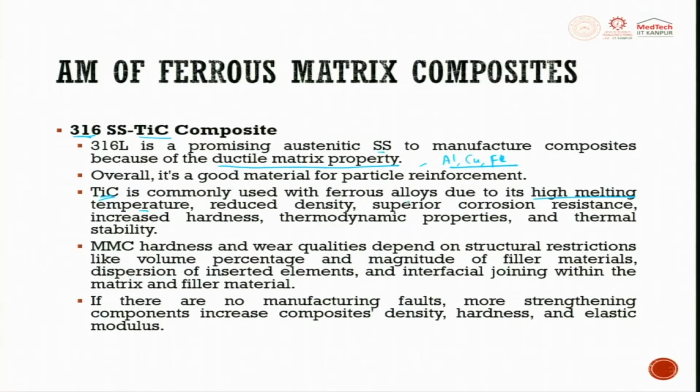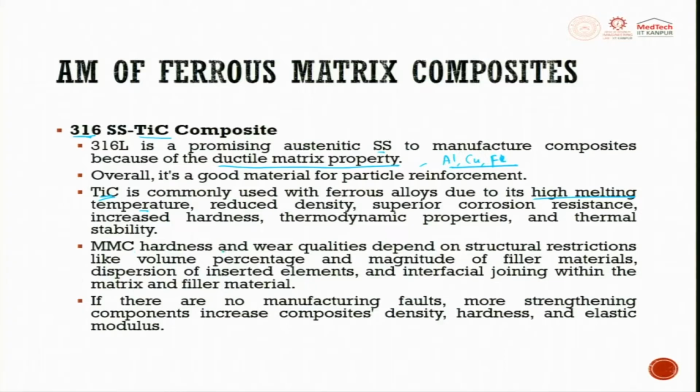When TiC is added to ferrous alloys, it increases the melting point, then reduces the density so that it can float for some applications, then superior corrosion resistance because steel always has a problem of corrosion, increased hardness, then thermodynamic property while conducting and other things, and thermal stability.